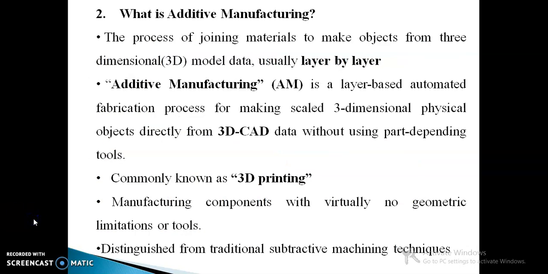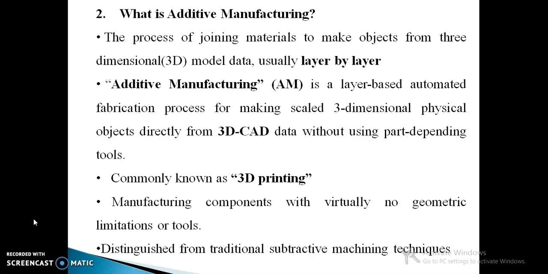Next, what is the additive manufacturing process? There are different definitions available. Additive manufacturing is the process of joining material to make an object from 3D model data, using layer by layer. Means we are converting raw material into the finished product by using the layer by layer method.